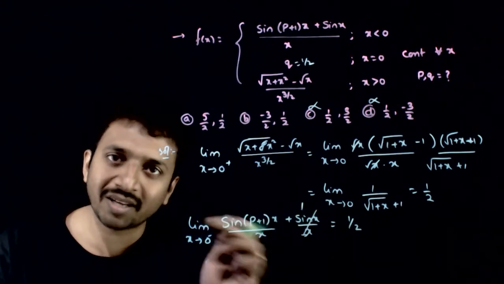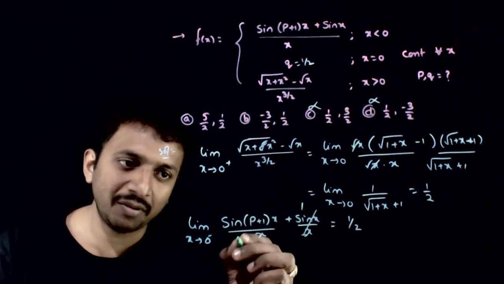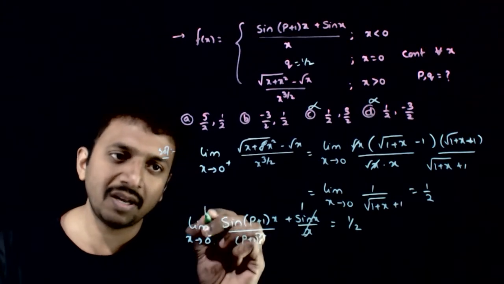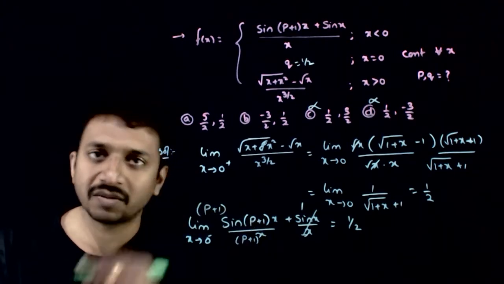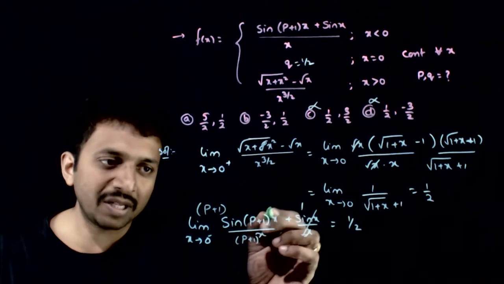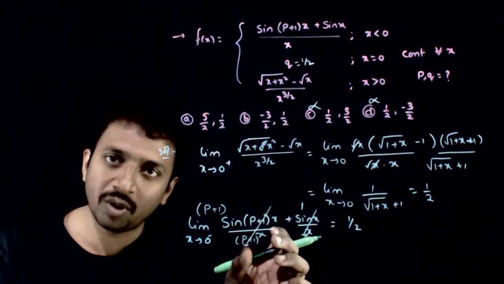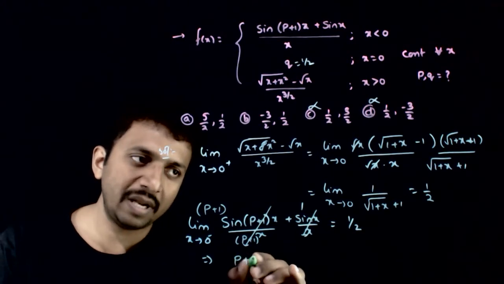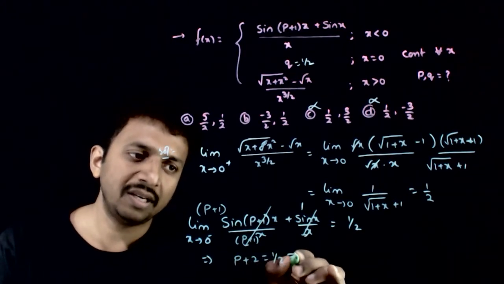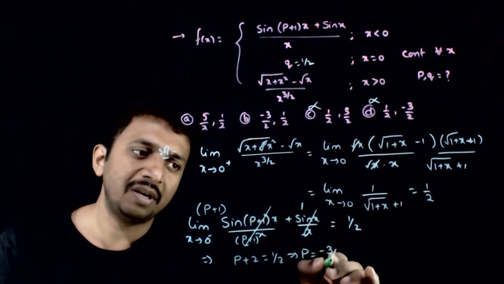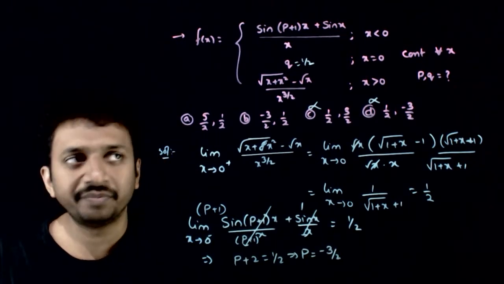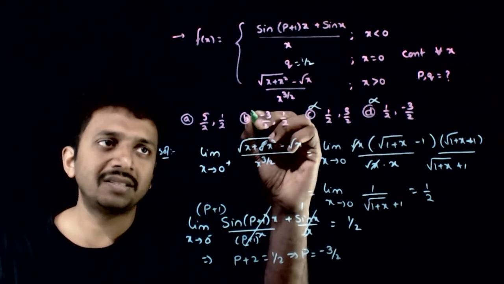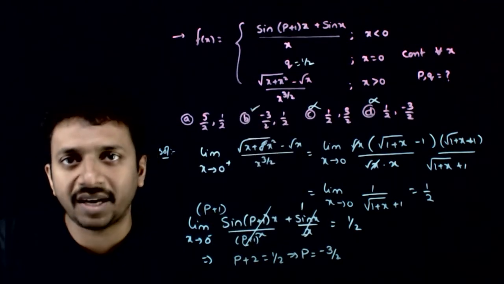For sin((p+1)x) by x, as x is tending to 0, I'll multiply it with p + 1 and divide it with p + 1. So sin((p+1)x) by (p+1)x is also equal to 1. So this implies (p + 1) + 1, that is p + 2, is equal to half. This implies p is equal to minus 3 by 2. So p is equal to minus 3 by 2 and q is equal to half is the right answer.